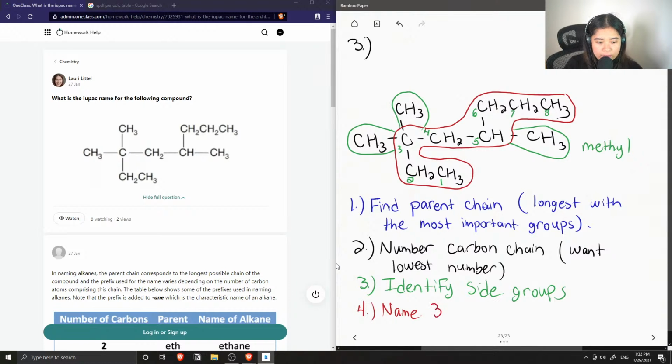On carbon 3, I have a methyl, and also on carbon 3, I have another methyl. So I have to write 3 twice to show I have 2 methyls there. And also on carbon 5, I have another methyl group. So I write 3, 3, 5. And then to show that these carbons contain my methyl groups, I put trimethyl.